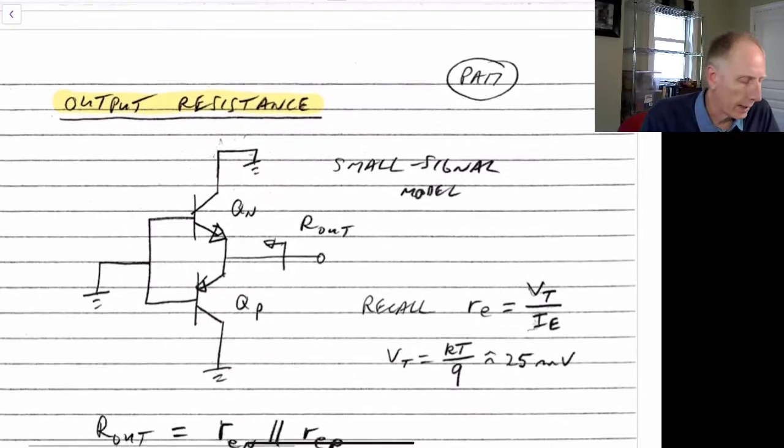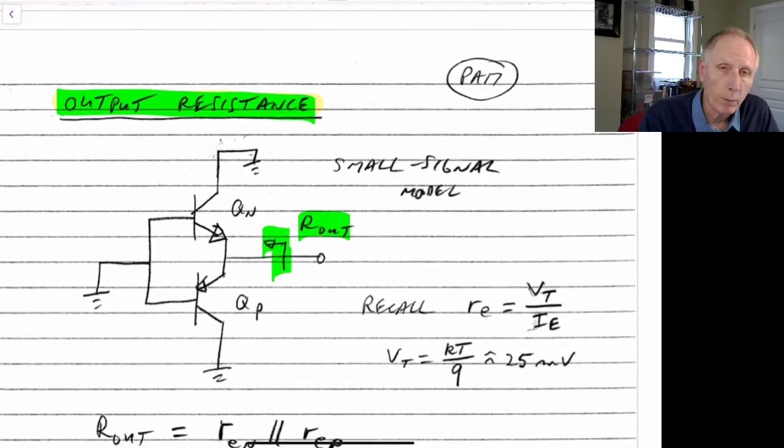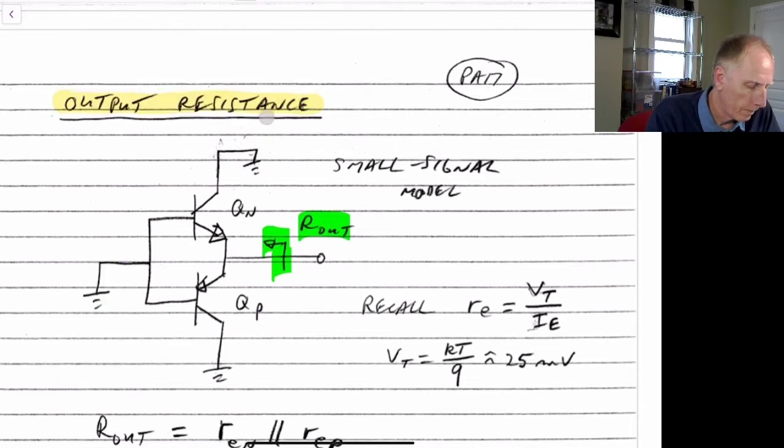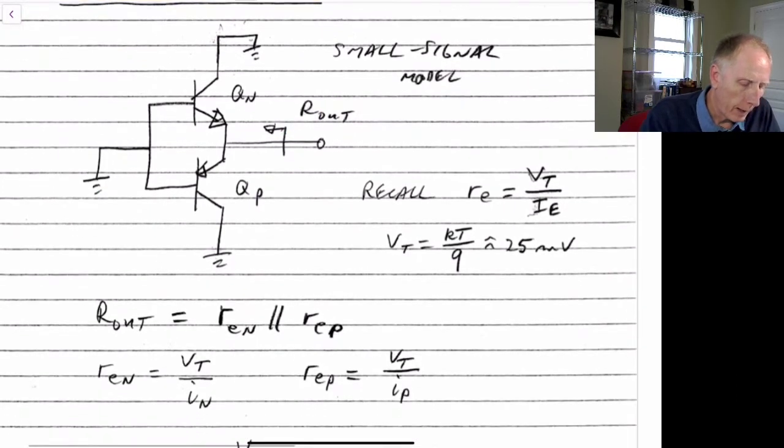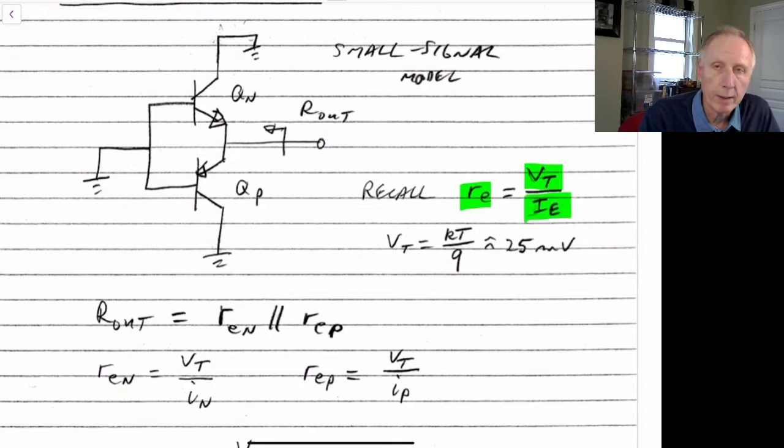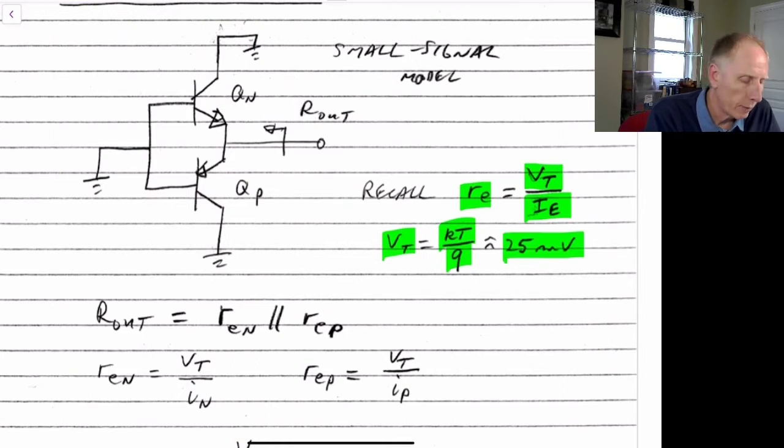The other thing we'd like to look at is the output resistance. So the output resistance is looking back into the output node, and we'll assume that our input is now grounded. So we've grounded our input over here. And we recall from a small signal model that our emitter resistances are just the thermal voltage divided by the emitter current. Thermal voltage is kT over q, which is approximately 25 millivolts at room temperature.